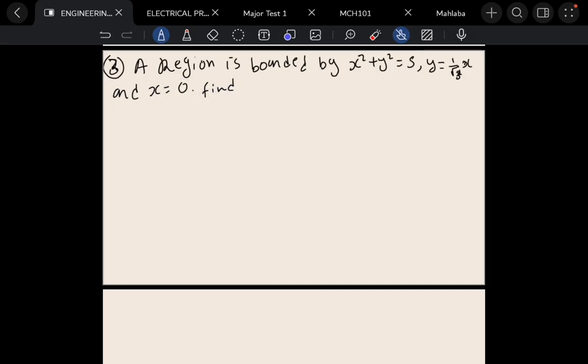Find the volume. How will you find your volume? So you need to draw this.